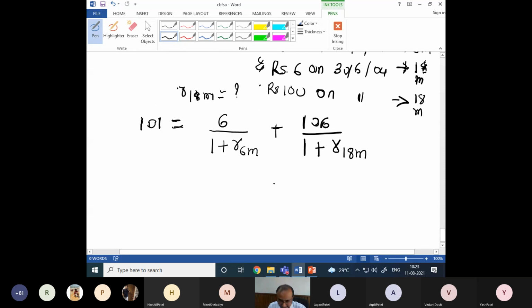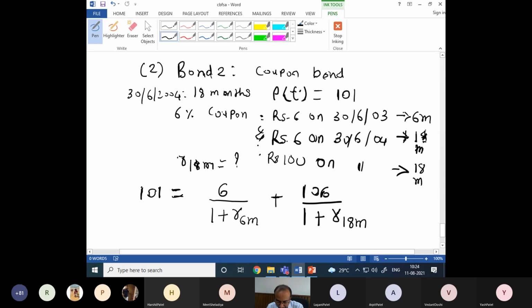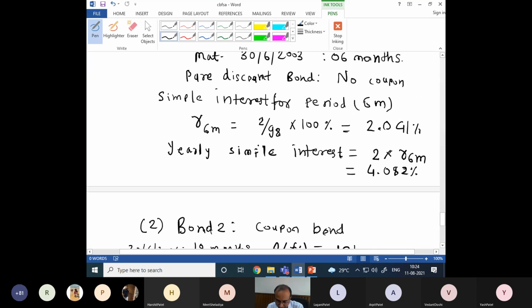So now which thing should be substituted? Do I have knowledge of this 6-month interest rate in the market? I have two unknowns here. Am I knowing this R 6 months? Can anybody tell me?